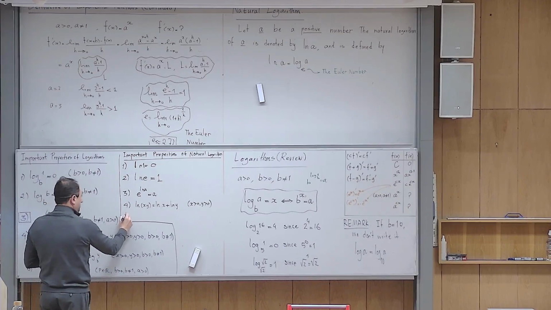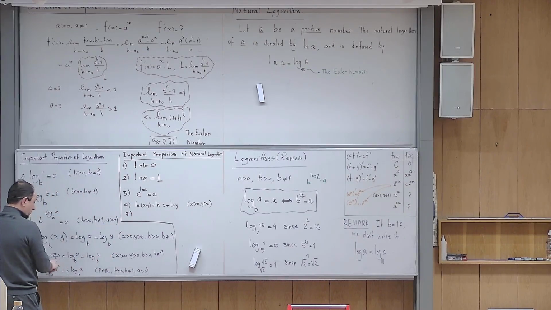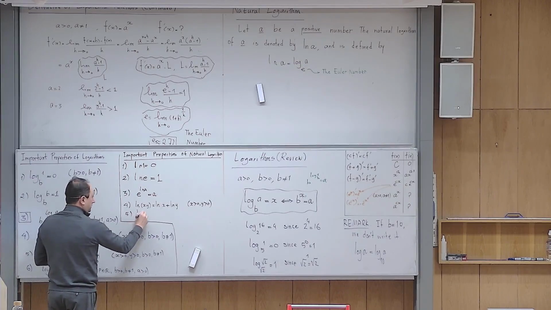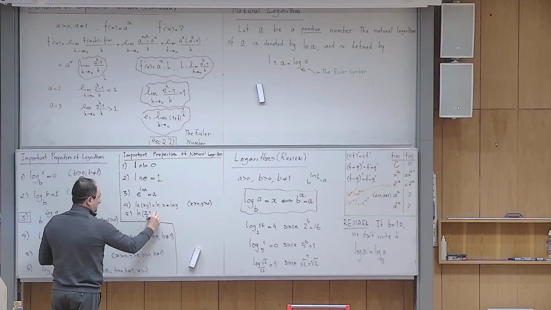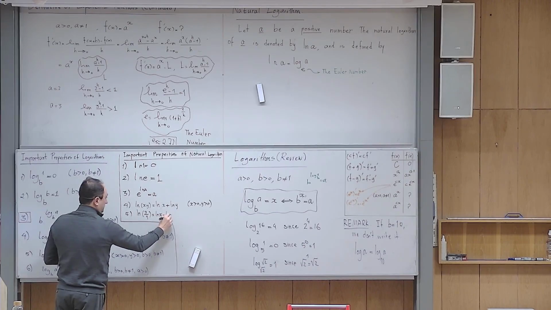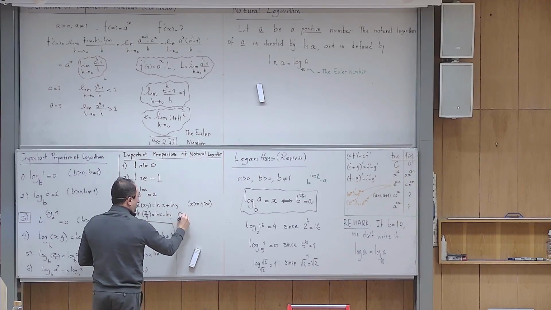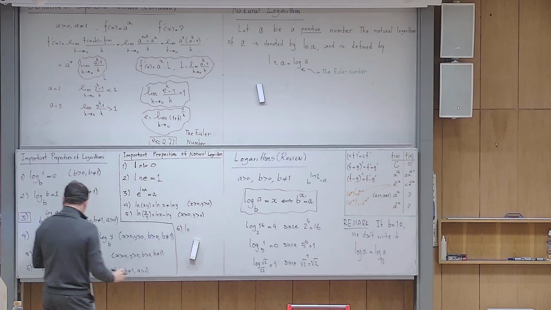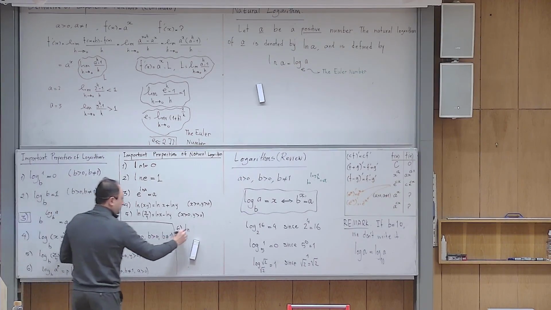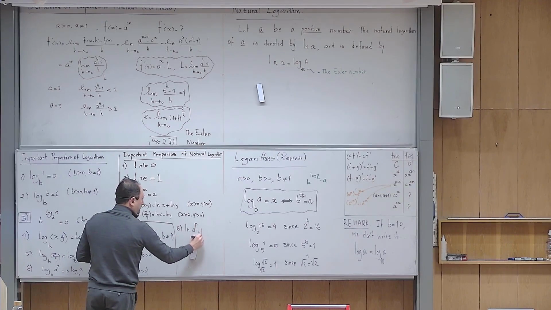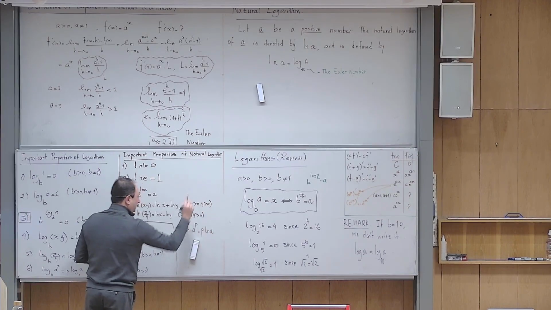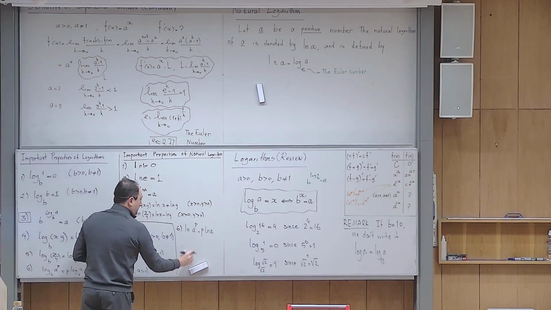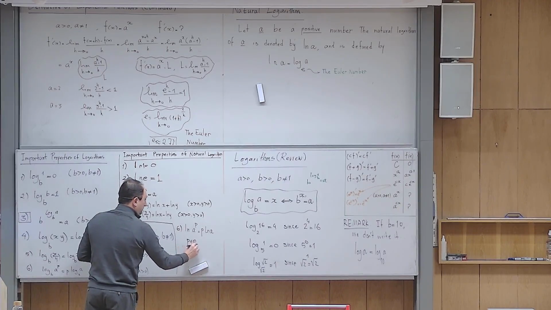And number 5, I will change b to e, I will get this formula, and x and y are positive. And finally, number 6: ln of a to the power p becomes p times ln of a. Of course here p is any real number that you like, but a should be positive.